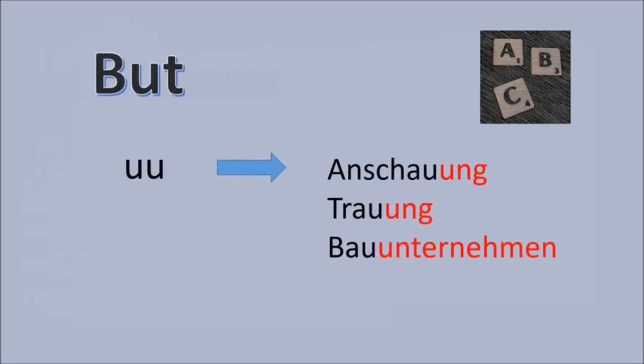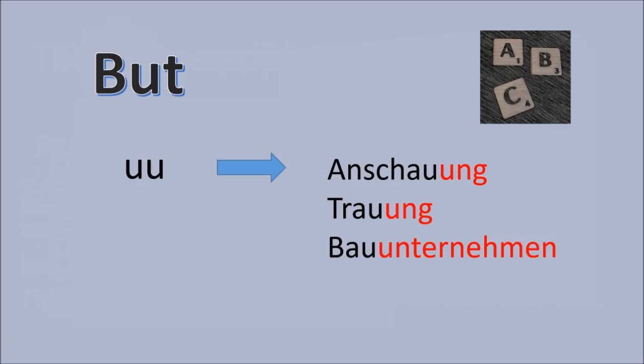But I just said we don't have two U's. We do sometimes, but those are in two different syllables or even in compound words. Like Anschauung, Trauung. So it's not a long U sound. It's not Anschauung.